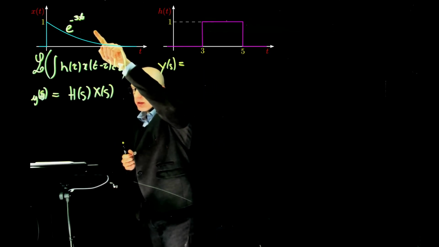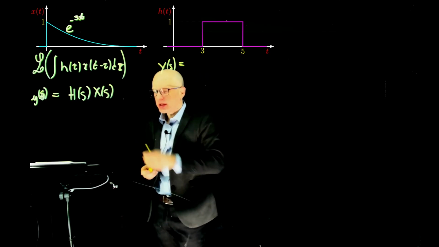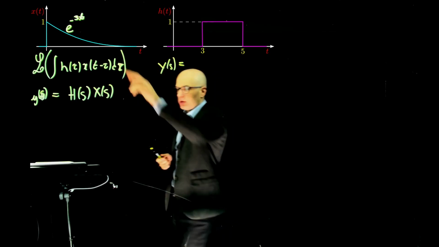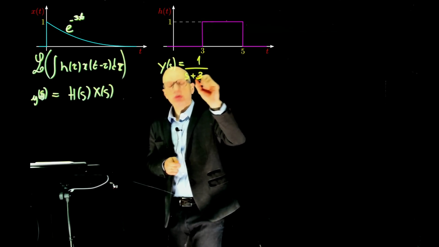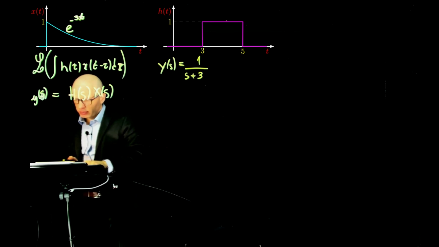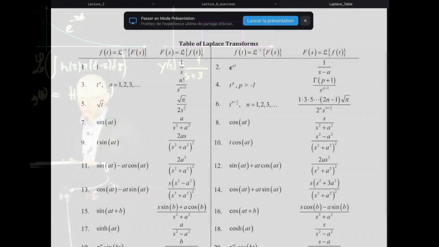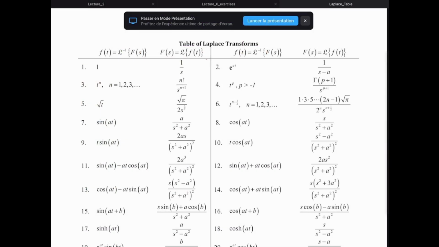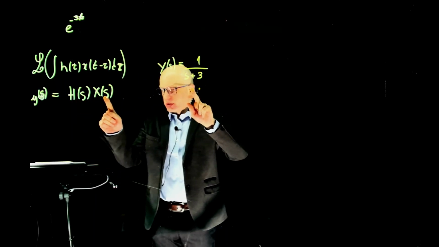Sorry, I was looking at the wrong function. You're right about that one. Is it 1 over s plus 3? Very good, 1 over s plus 3. We can go to the table of Laplace transform, and that would be the second option in the table, exponential of minus a t. Okay, so this is X of s.